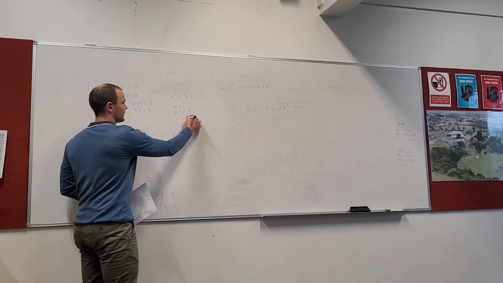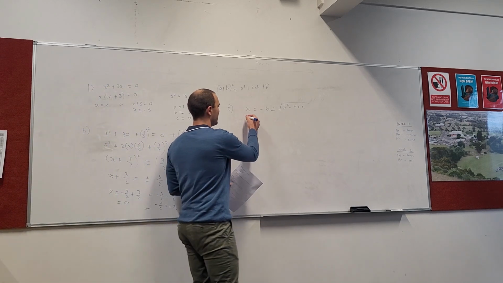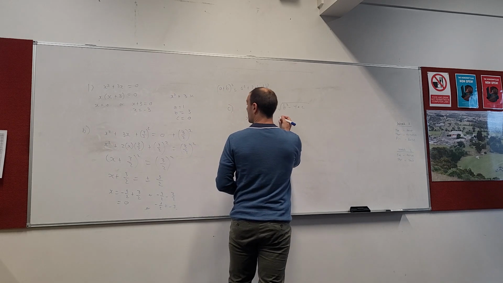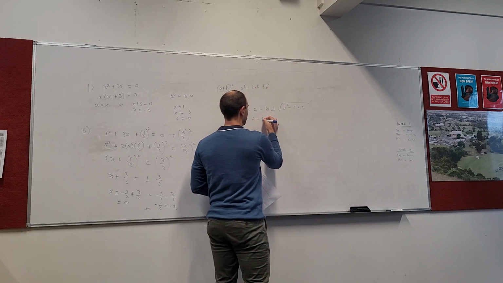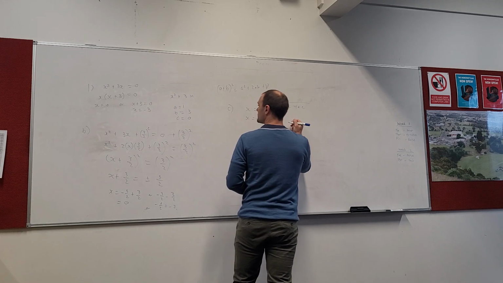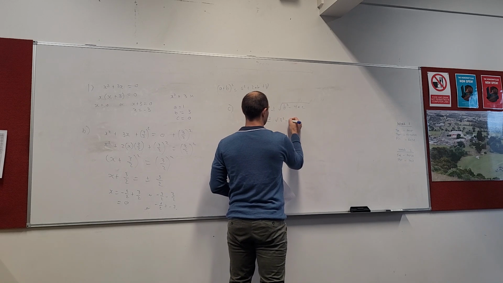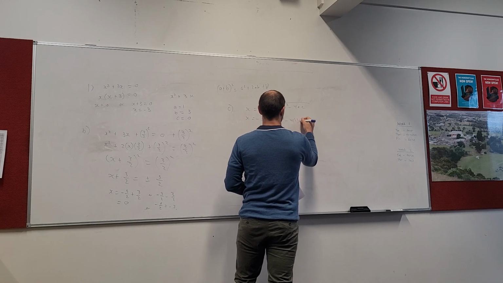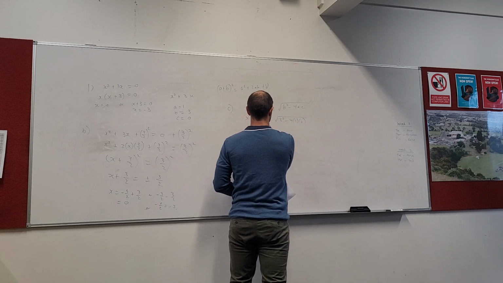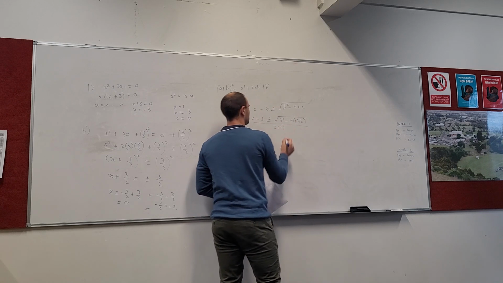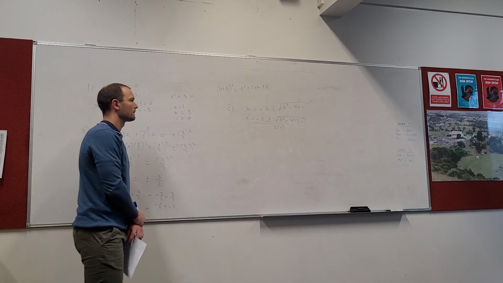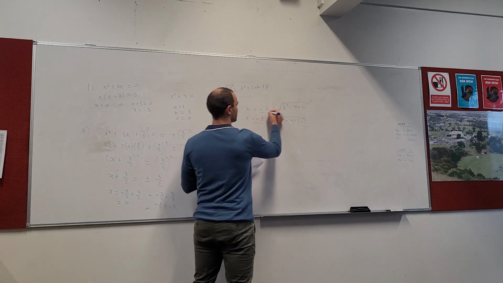There is no c, so we can have c is 0. So let's put that in. So we've got minus 3, plus or minus the square root of 3 squared, over 2a.